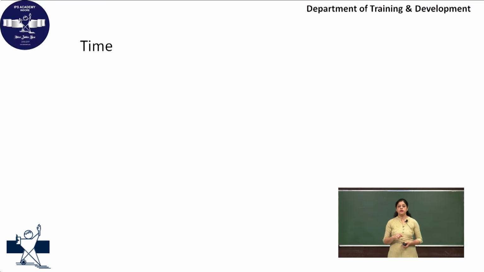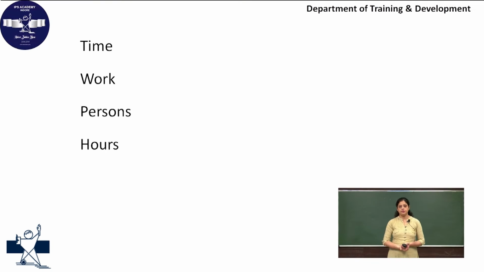So I'll just let you know: time, work, persons and hours. So when these 4 factors are involved, you will be given any 3 values and you will be asked to find the 4th one. So when work quantity is known, like certain meter wall or a bridge of few length दिया होगा, या road की length दी होगी, या as I said magazines का number दिया होगा.